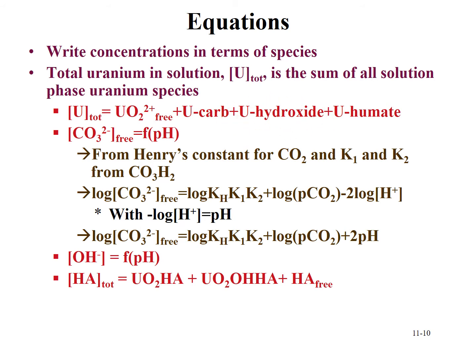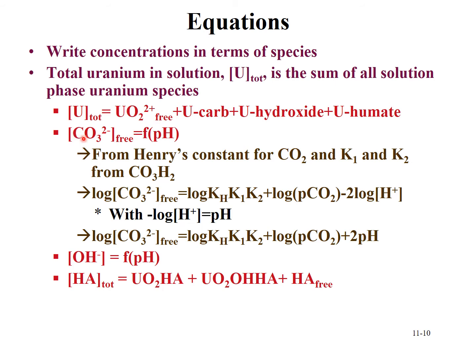Make sure that if you have something like the uranium hydroxides, if you have dimers or trimers, you include the fact that you have 2 or 3 uranium in those molecules, and uranium humate. Since carbonate is a function of the speciation, we also need to know something about the carbonate concentration.